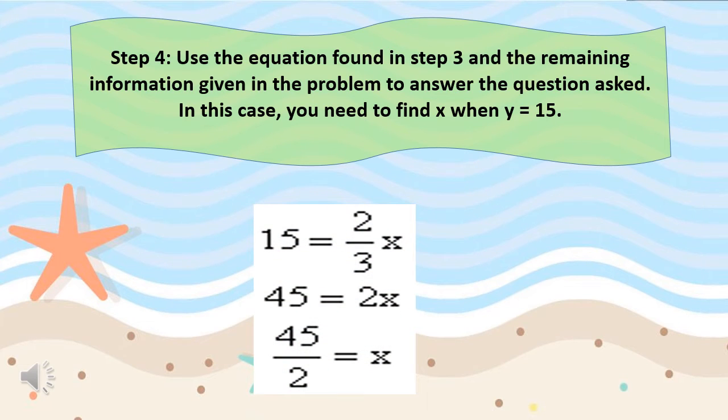Here we will substitute the value of y to find the value of x. So the new equation will be 15 is equal to 2 upon 3x. After that we will simplify the equation. We will shift 3 to the left hand side, and the equation becomes 15 multiplied by 3 equals 2x. Next, 15 multiplied by 3 is 45. So the equation becomes 45 is equal to 2x, and x is equal to 45 upon 2.